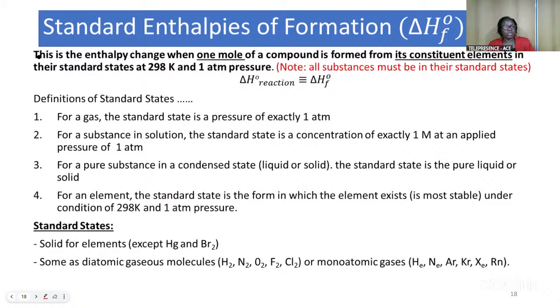But once these conditions are fulfilled, like I put it here, if it is a gas, if it's occurring at pressure of exactly 1 atmosphere, that's a standard state. So you define standard state, and I said for standard state, elements are usually solid except mercury and bromine. We know bromine to be liquid, and then some standard states of molecules that are in gaseous states have also been given. So it varies. What you need to do is to adhere to the condition.